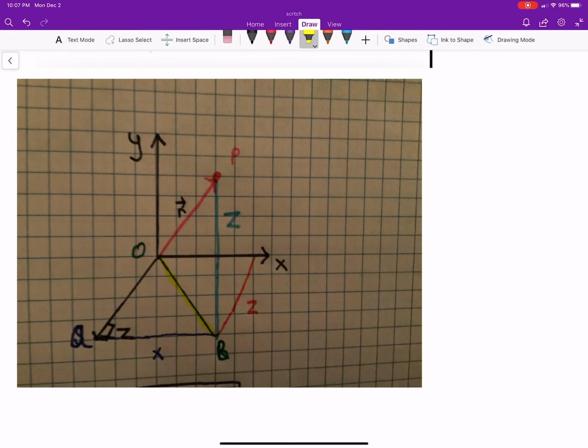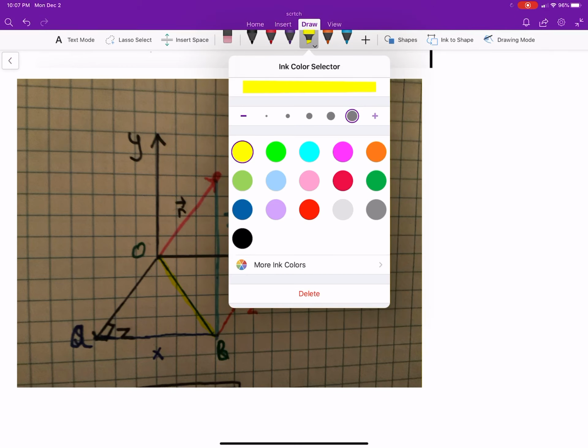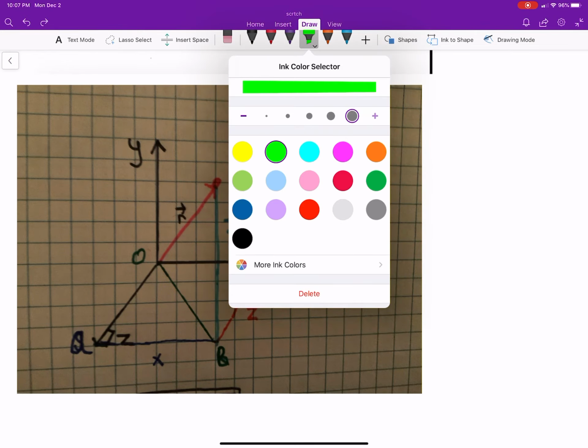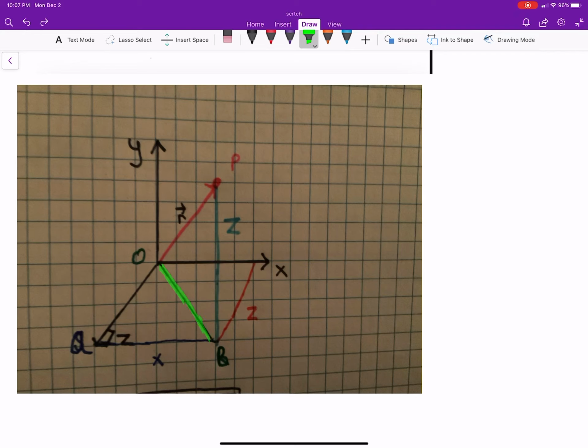This bit, that's not a very good color. Let's see if I can get a better color. This bit right here, maybe green shows up a little better.